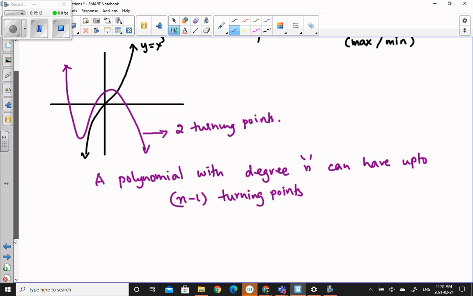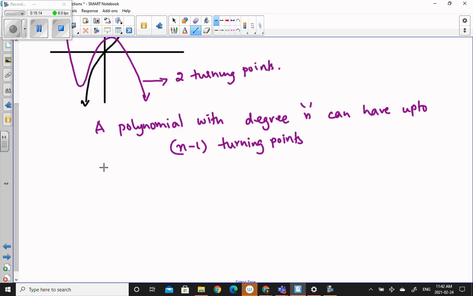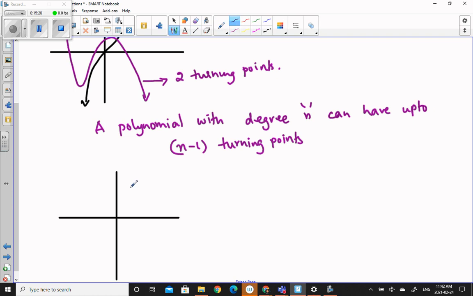And for an even degree function, let's say you want to see the turning points for that. Let's say it is an even degree function like this, like a quadratic function, right? It's even degree with a negative leading coefficient, and it has 1, 2, 3 turning points, right?